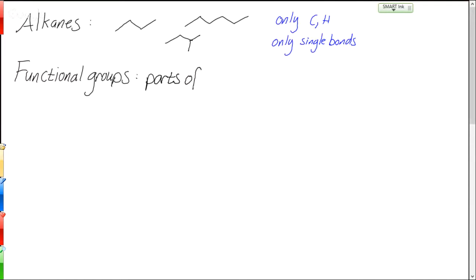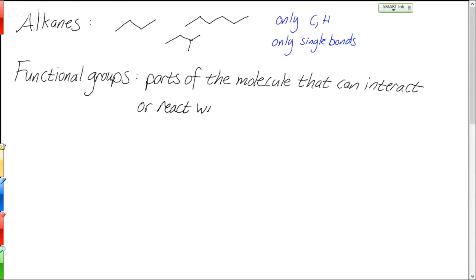Functional groups are parts of the molecule that can interact or react with other molecules. So an alkane by itself, just this regular straight chain, isn't going to do that. But if it has functional groups, well, now it can.